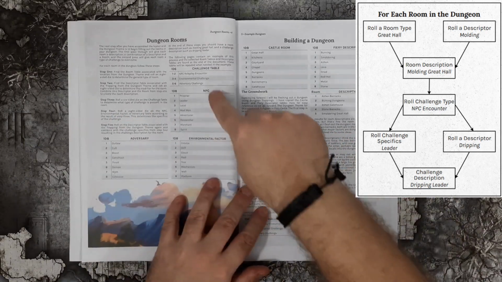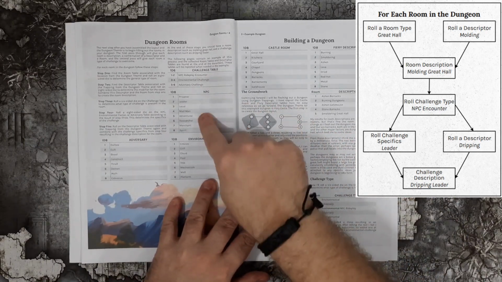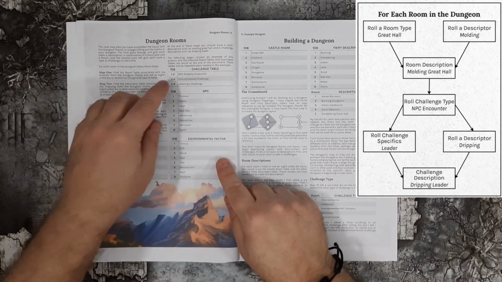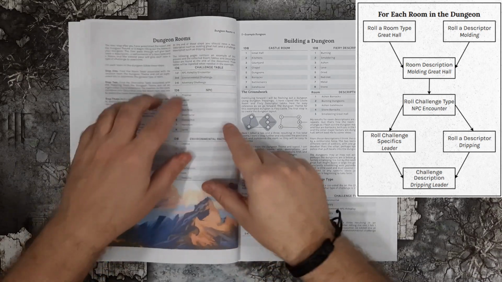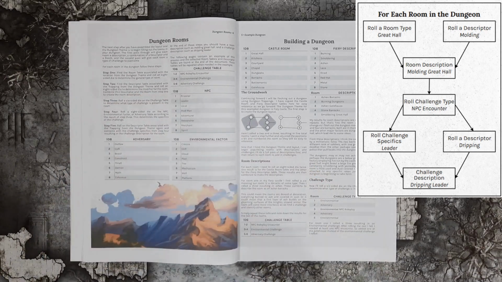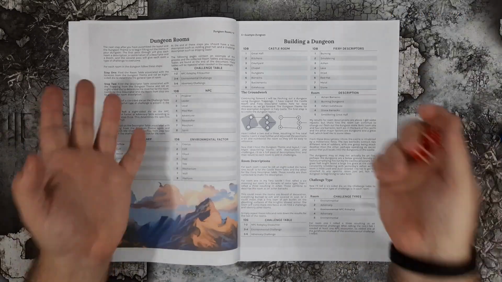Then again, you have a potential challenge for each room as well. It could be NPC roleplay, it could be environmental, or it could be an adversary. Anyhow, the process is very simple.